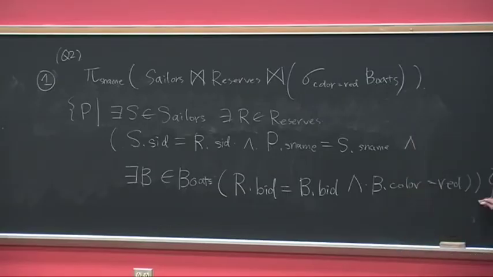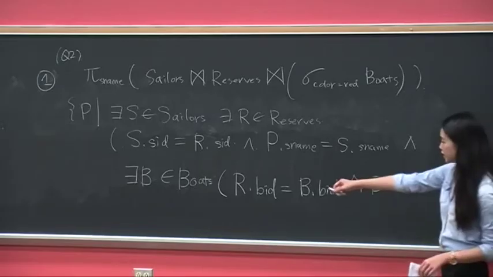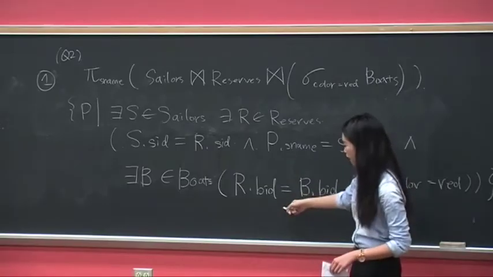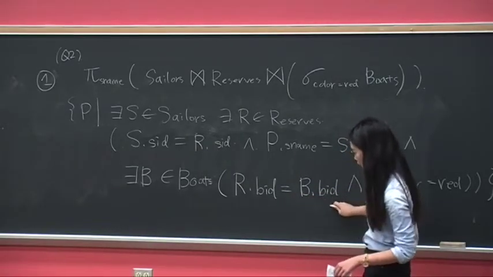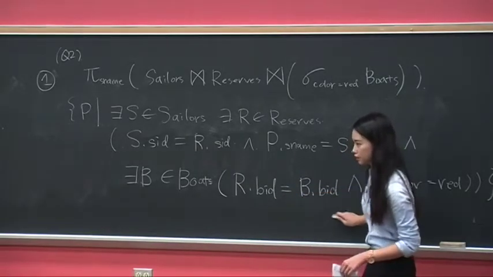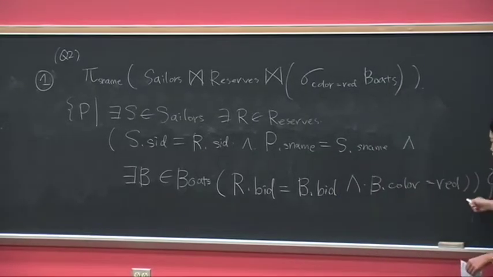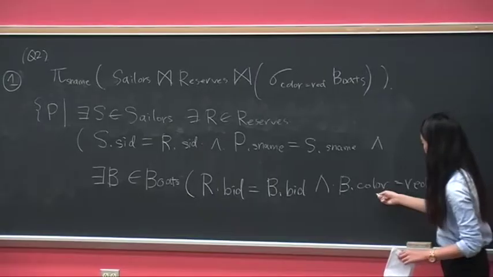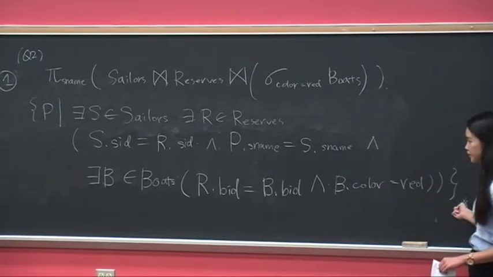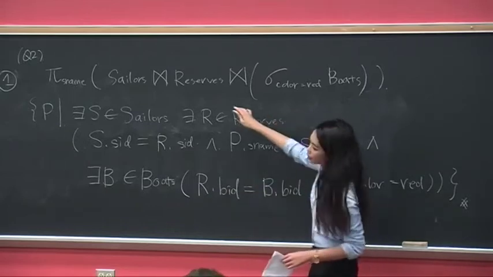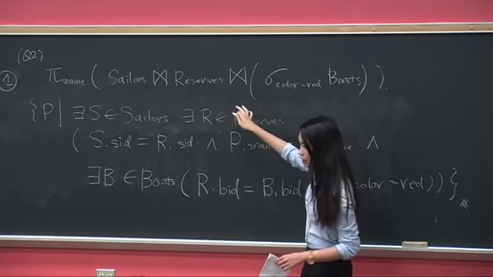Okay, so let's start from the very last one. You're basically saying there exists B that are from boats, where we can associate the BID in boats to the BID in reserves. That's what the first one is saying. And then you're saying also, I only care about the boats who have color red. So this is joining with reserves, but not thinking about Sailor's file.